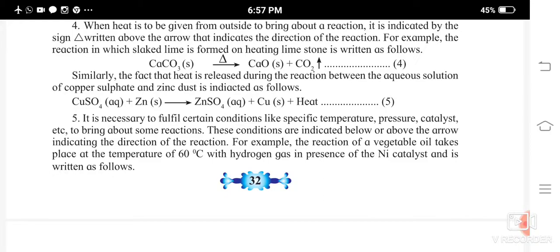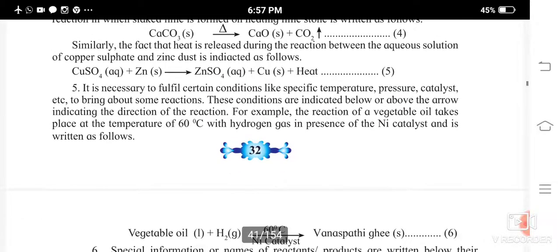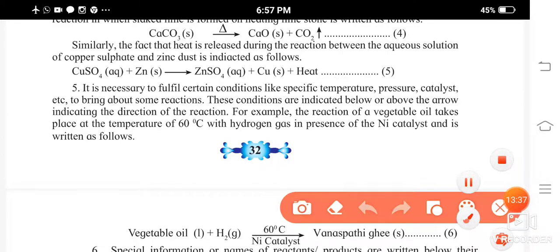Similarly, the fact that heat is released during the reaction between the aqueous solution of copper sulfate and zinc dust is indicated as follows. Now see, in the upper reaction, in reaction 4, you are going to supply heat, right? So it is indicated by this triangle or delta on the arrow.